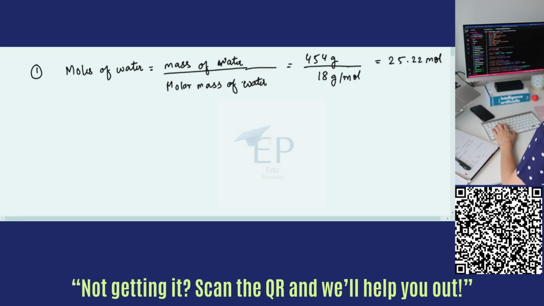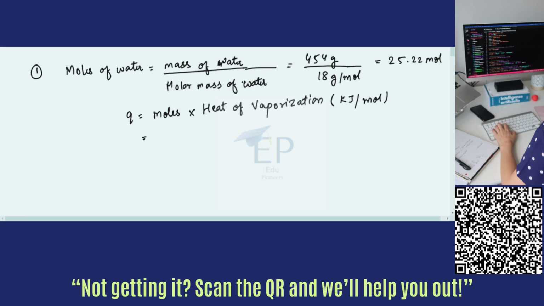So now we can say Q is equal to moles into heat of vaporization. So it was in kilojoule per mole. Right?